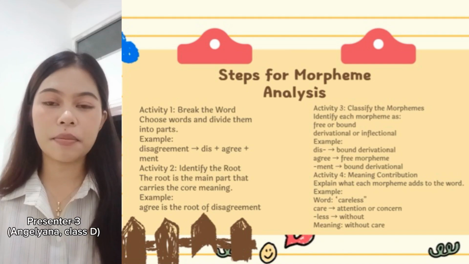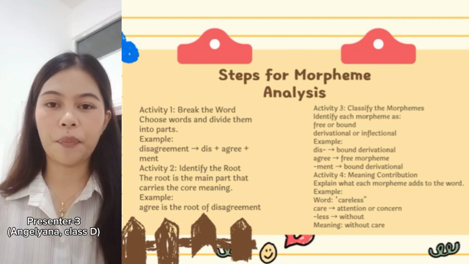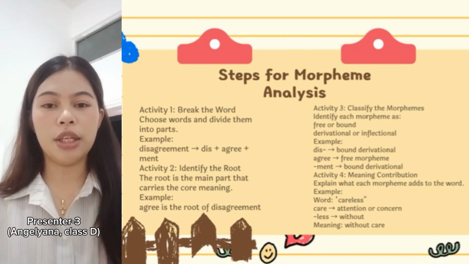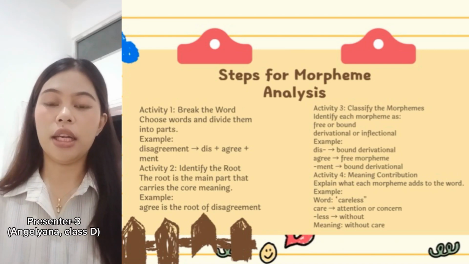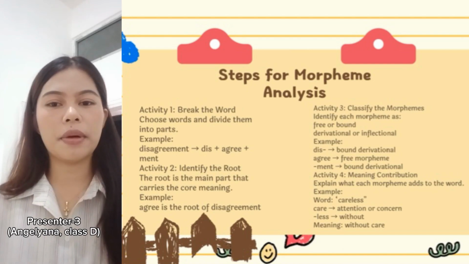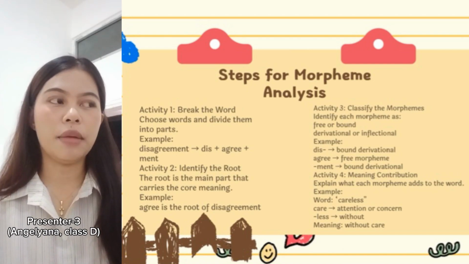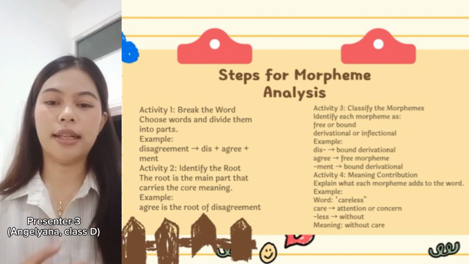And for the example, agree is the root of disagreement. Activity 3, classify the morphemes. Identify each morpheme as free or bound, and then derivational or inflectional. For the example, dis is bound derivational, agree is a free morpheme, and then ment is bound derivational.